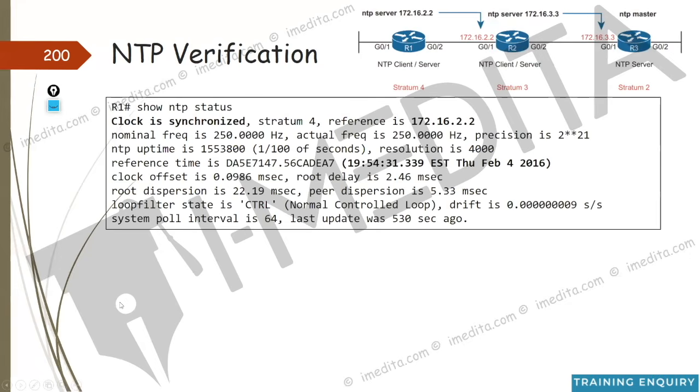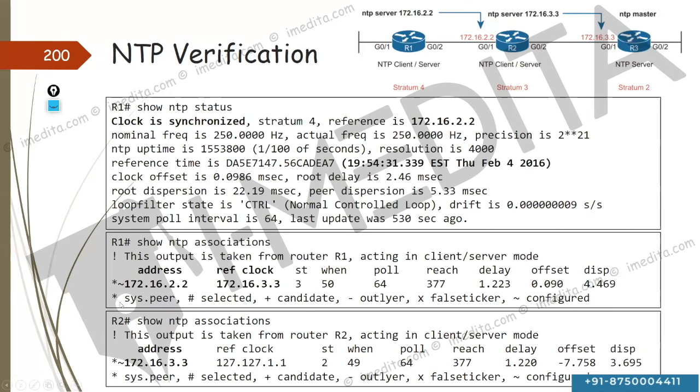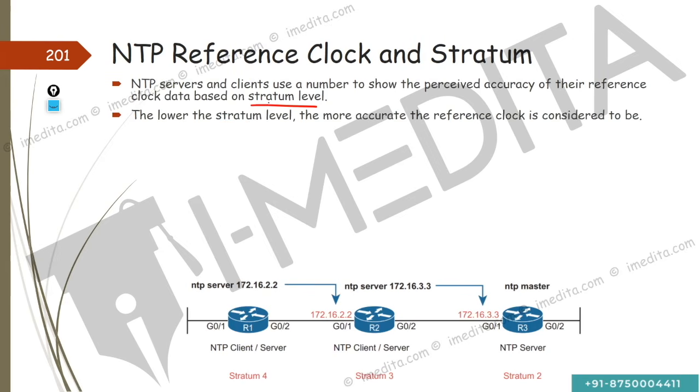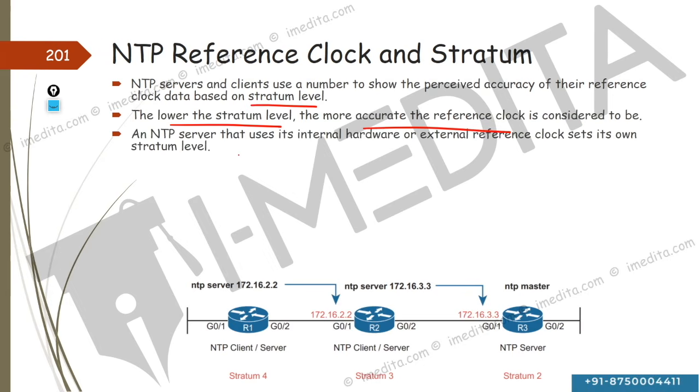Anyways, moving on, we have already checked the NTP configuration. Now, I already told you that NTP servers and clients use a number to show the perceived accuracy of their time, and that is called the stratum level. The lower the stratum, the more accurate the reference clock is considered. An NTP server that uses its internal hardware or an external reference clock sets its own stratum level.